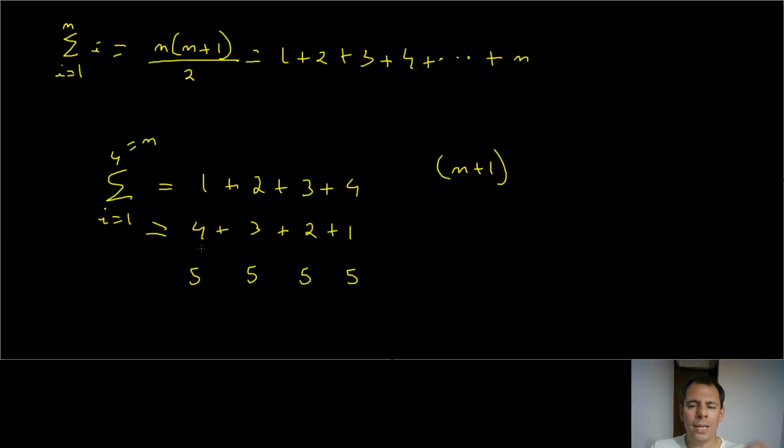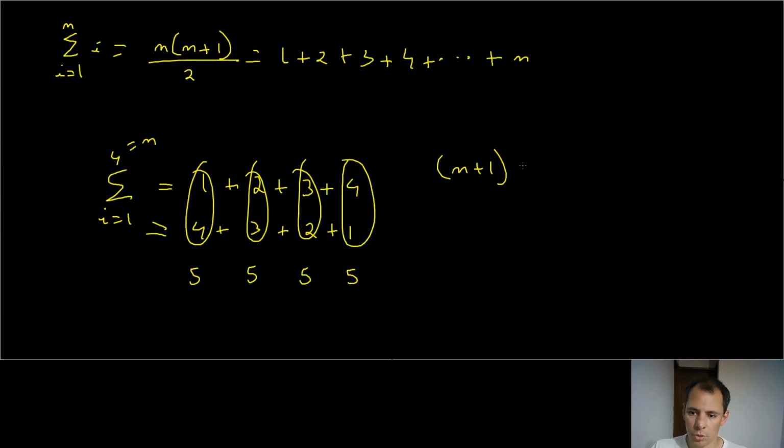So you have n plus 1. How many times do you have this n plus 1? You have it 4 times, because n is equal to 4, and you can see that these columns are going to appear n times. So you multiply this by n. But what is happening here? You're adding all these numbers together.